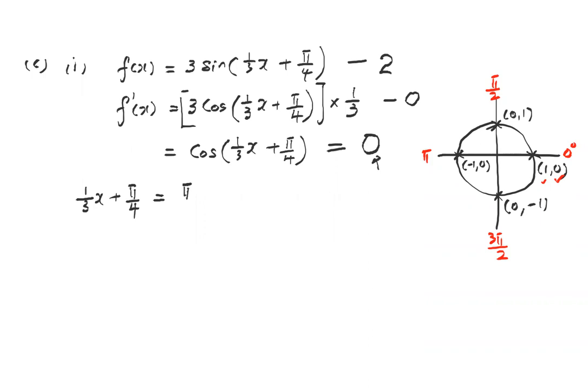So I straight away write down my angle 1/3 x plus pi by 4 is equal to pi by 2. This is my first situation. So from here, I get my x. Take out your calculator and start to calculate. Take half, minus 1/4, answer times 3.